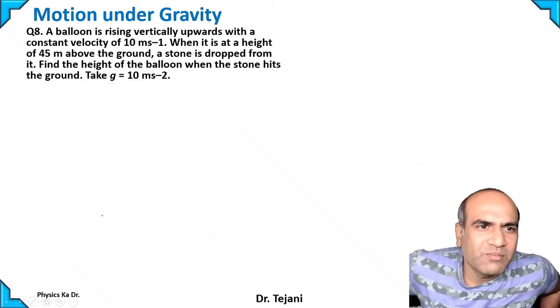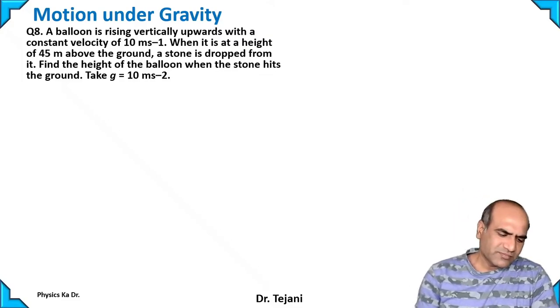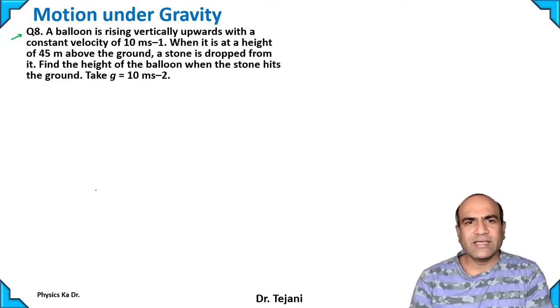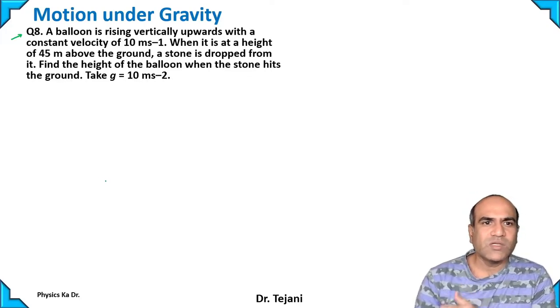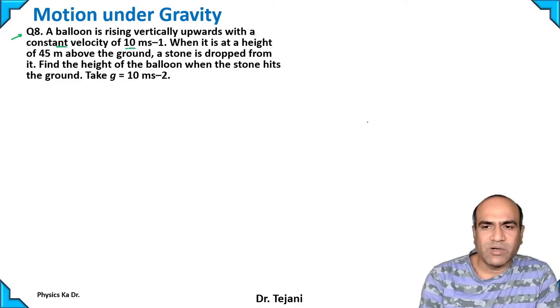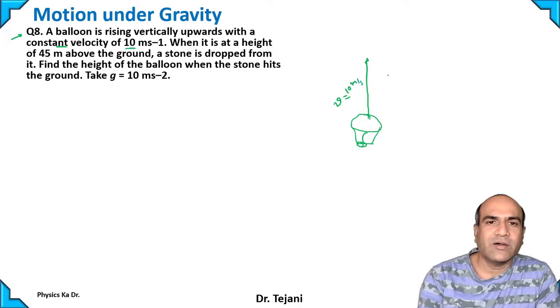Let's have question number 8. A balloon is rising vertically upward with a constant velocity. Remember here, velocity is constant for the balloon at 10 meter per second. Let's draw a balloon moving somewhere here at some constant velocity v, 10 meter per second.